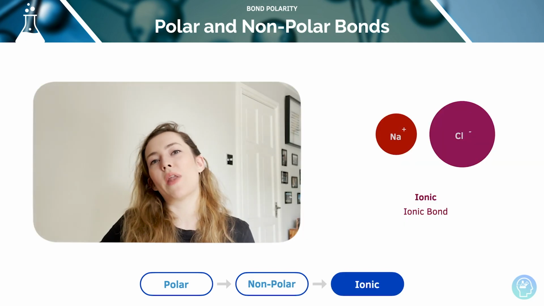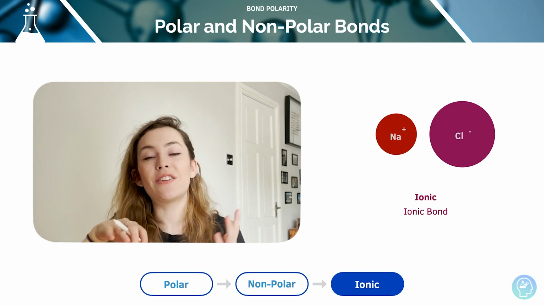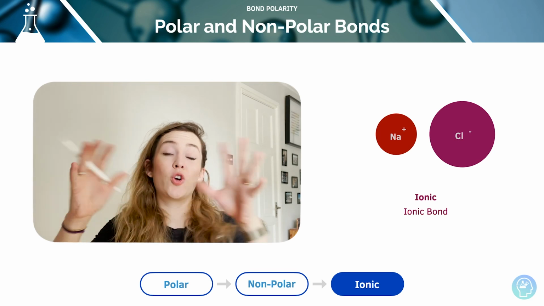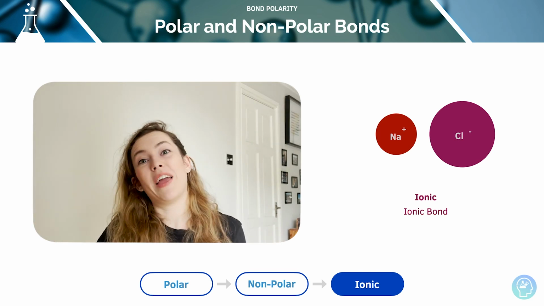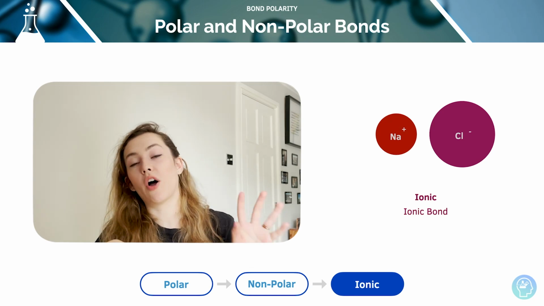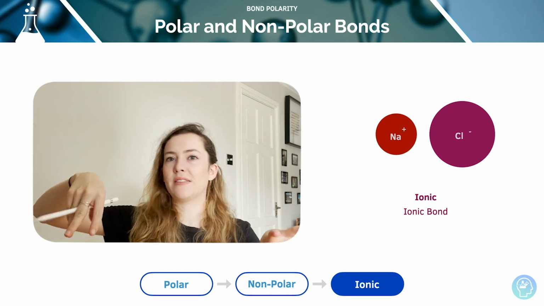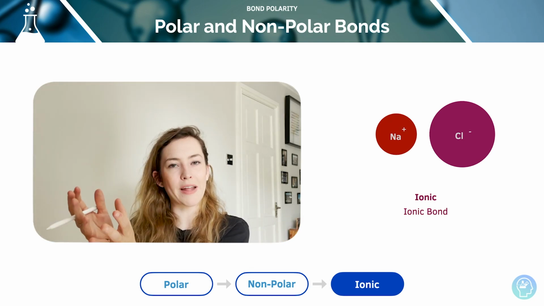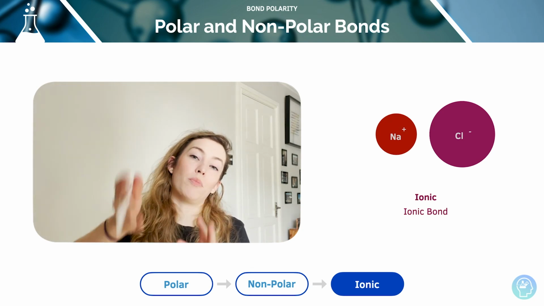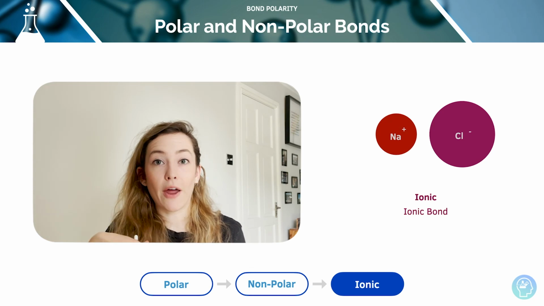So sometimes the polarity gets so extreme between the two atoms that we get the complete transfer of electrons, and that is ionic bonding. When you look at the periodic table, even at A-level we don't go into this in too much depth, but we talk about groups 1 and 2 as ionic bonding, ionic bonding with groups 6 and 7, for example, and then covalent with non-metals. But there's actually an array. Aluminium, for example, in group 3 has different properties, and we can get different degrees of covalent and ionic bonding.